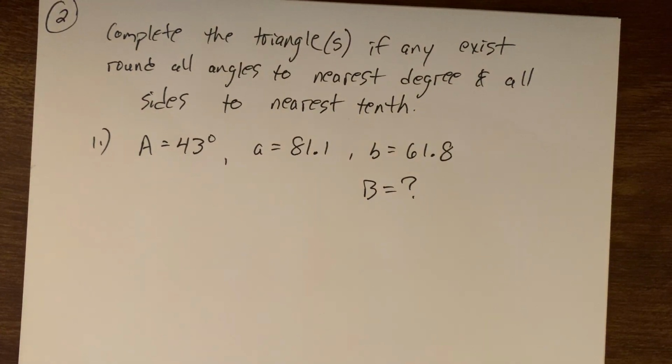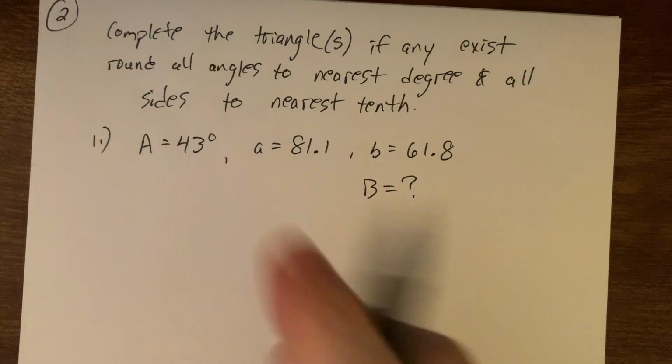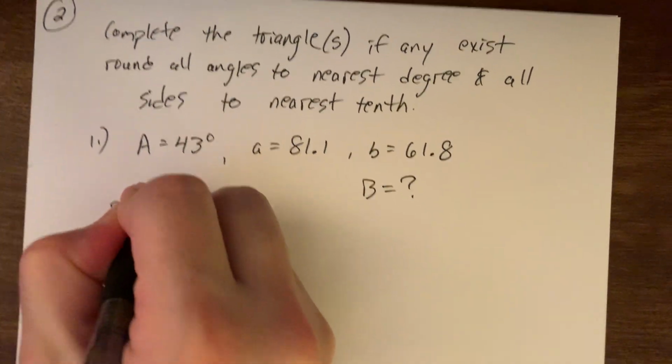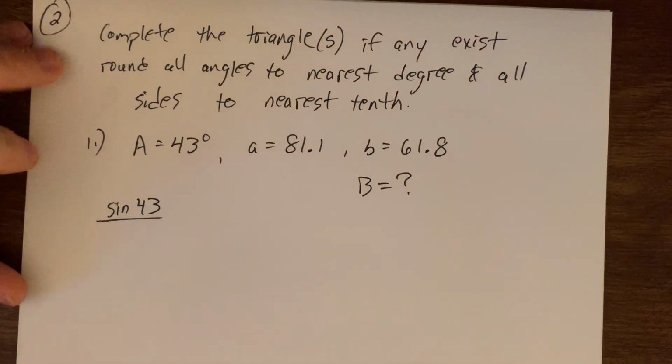Okay, you go back and look at that first one. If I gave you angle C and angle B and side C, there's a few little varieties. You could find angle A, or you could find side B. There's little variation, but here, this is what we have to do. So I'm setting up my Law of Sines, and as I said before, I always do what I know first.